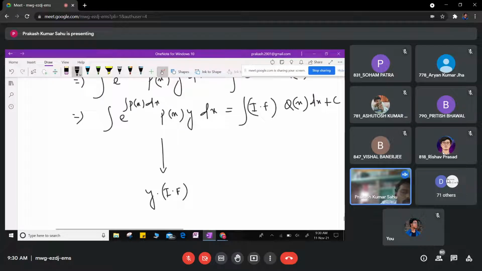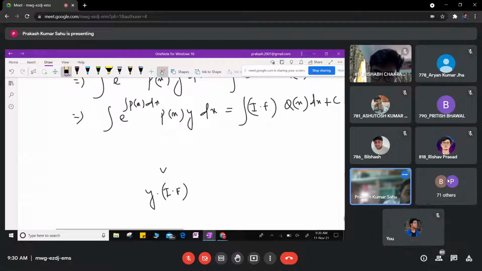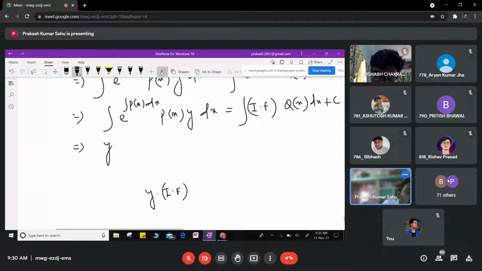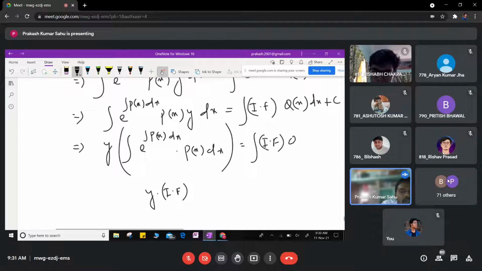ओके, तो कैसे प्रूव करोगे? सर px प्लस कटेगा ना सर? ये तो कटेगा ना सर, तो आ जाएगा. देखो तो यहाँ पे, that implies we are integrating with respect to x, so y is constant, taking y outside, so this is integration of e to the power integration of px dx into px dx, okay, this into integration of integrating factor into qx dx plus c.